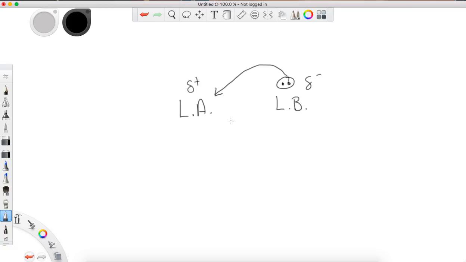And so that's why when we deal with organic chemistry, all of our reactions are going to deal with electron movement. We're going to be pushing electrons to and from different atoms all the time. So you can really frame a lot of these reactions as acid-base reactions.